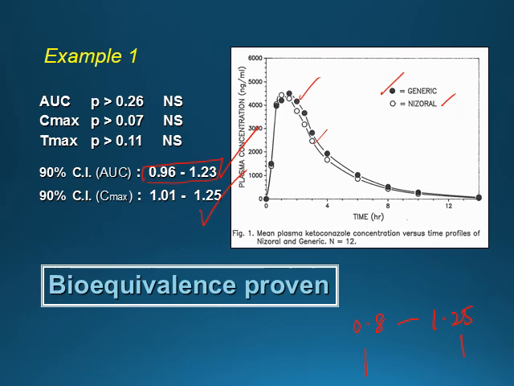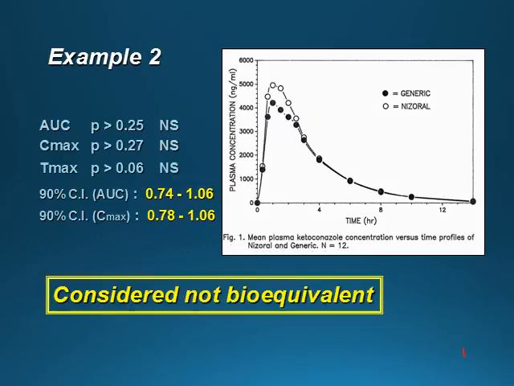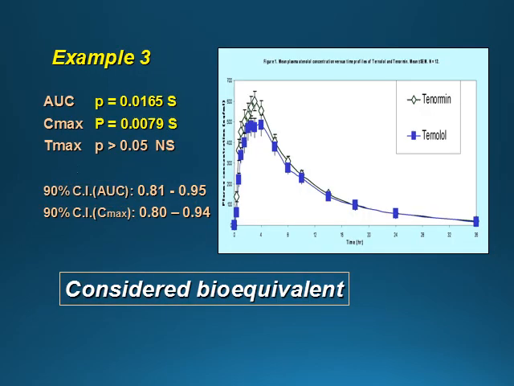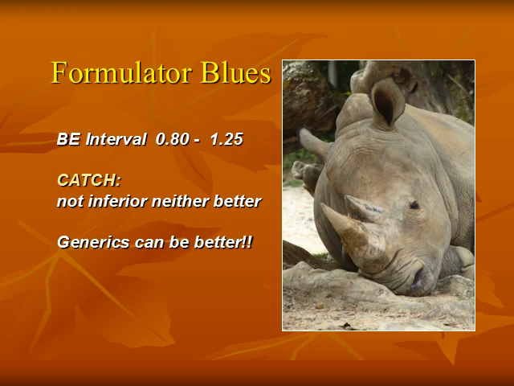Another example: say you are given a 90% confidence interval of 0.78 to 1.06. Because this one goes lower than 0.8, it is not bioequivalent. In example 3, this is within 0.8 to 1.25, and the same happened to Cmax, so it is considered bioequivalent.